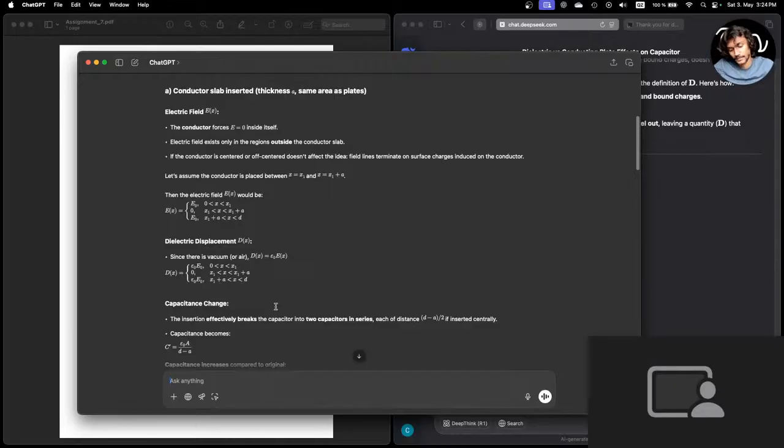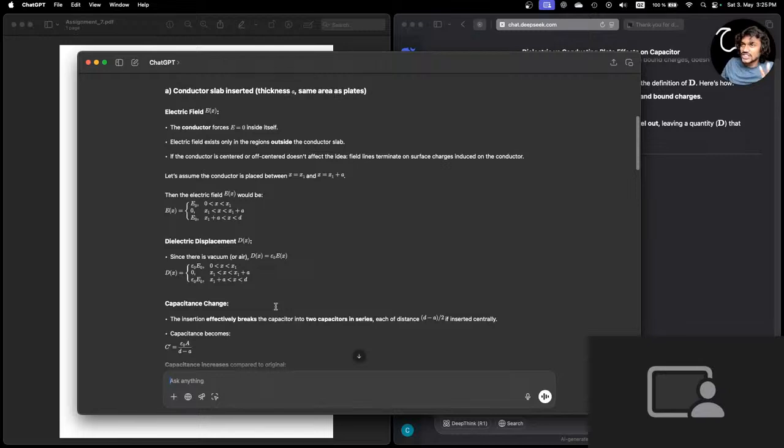So D of x equals epsilon 0 E0 if x is greater than 0 and less than x1, 0 if x is between x1 and x1 plus a, and epsilon 0 E0 if x is between x1 plus a and less than d.